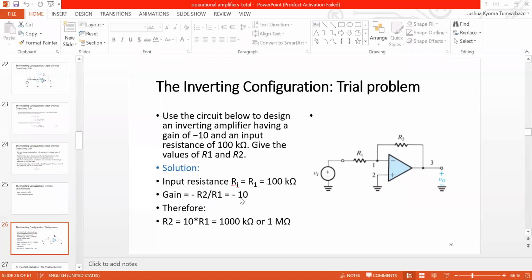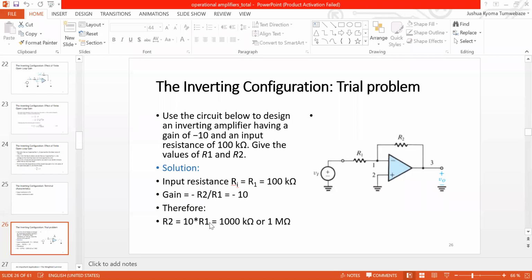And then also we can talk about gain in decibels. Okay. Of course, if you're going to find the gain in decibels, you must take the magnitude. Okay. So if we know R1, we know that gain is R2 over R1 is equal to 10.